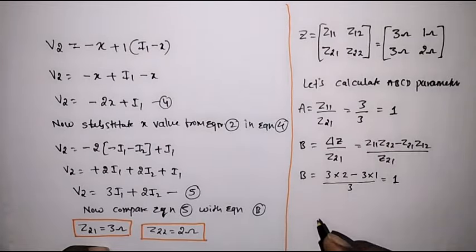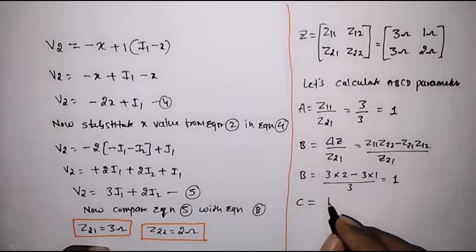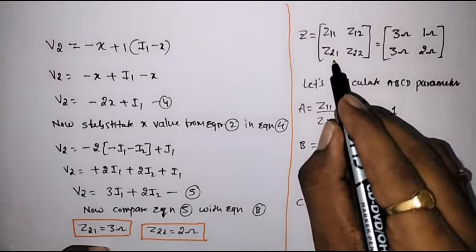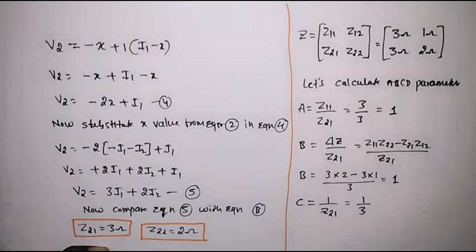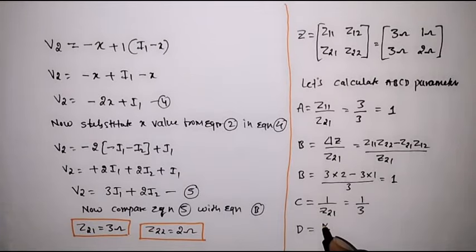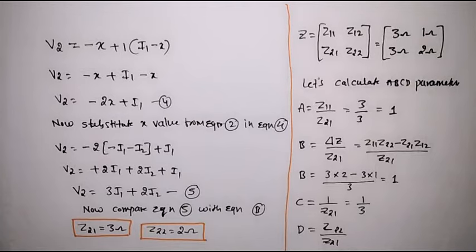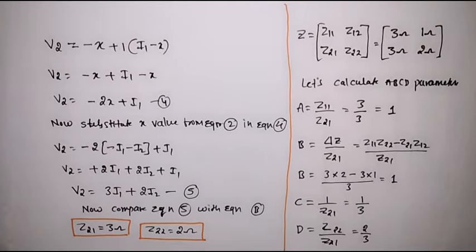Next, C is equal to 1 upon Z21. Here Z21 value is 3. Therefore C value is 1 upon 3. Next, D is Z22 by Z21, where Z22 value is 2 and Z21 value is 3.